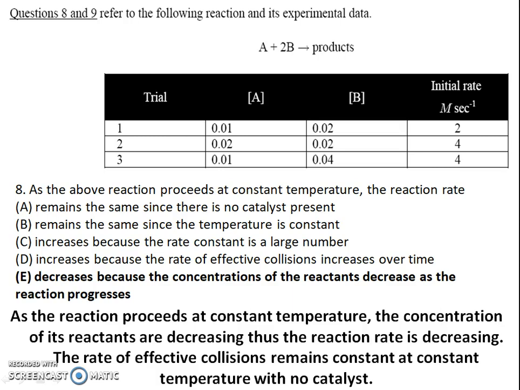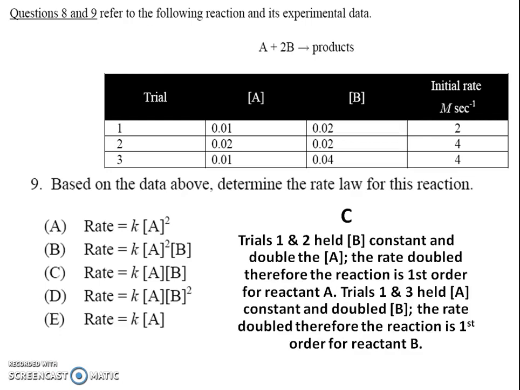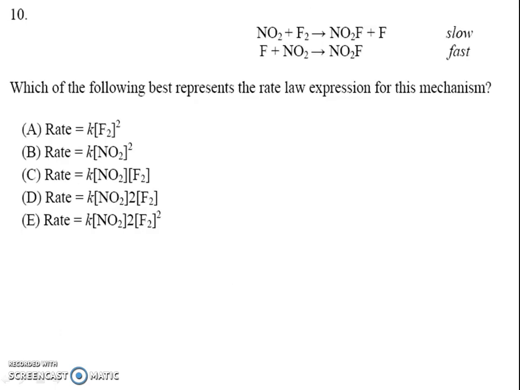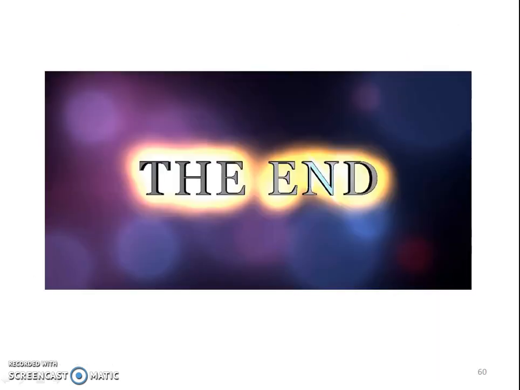The answer is E. C. Does that make sense? Hopefully you can figure that out. Again, you are taking away F, and F is an intermediate because it was made first and then used up next. And see you in class.